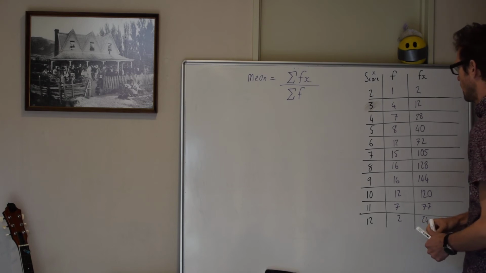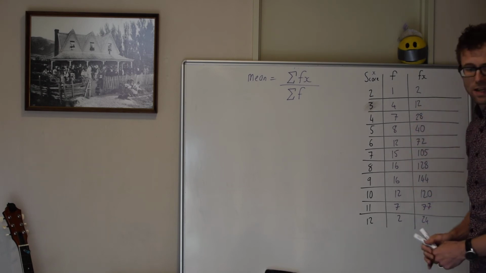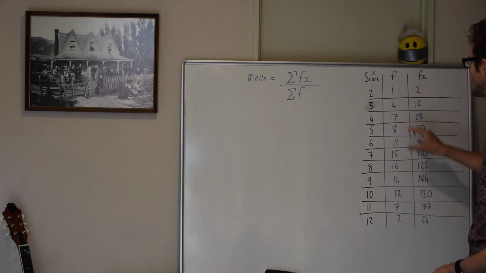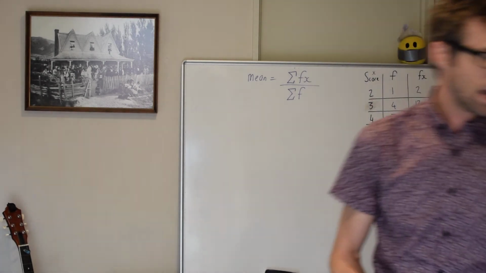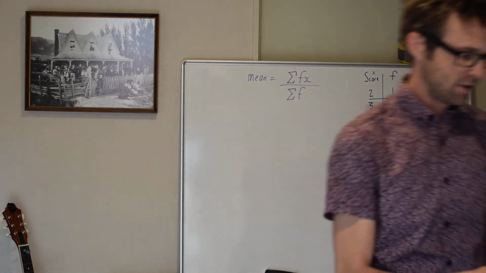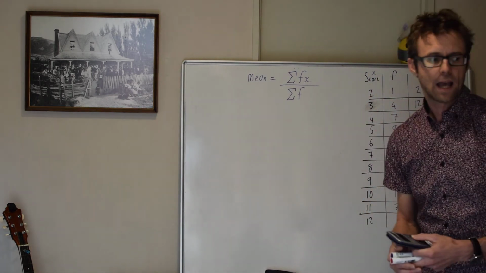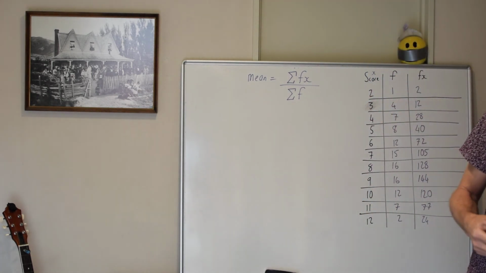Okay, at this point we need to find out the sum of our frequency and the sum of our f of x. So grab your calculator and pause the video and work out what the sum of all of these is.